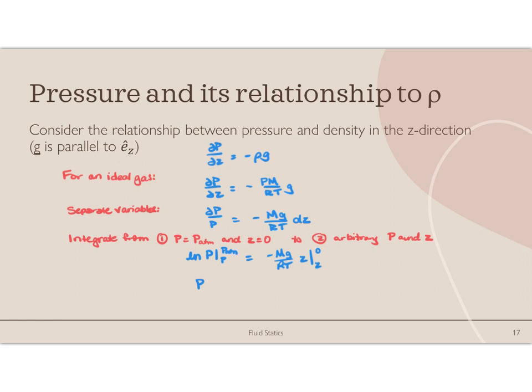We can play various algebra games with this, but log of P over P atmospheric is negative Mgz over RT. So P is atmospheric pressure times the exponential of negative Mgz over RT. So for an ideal gas, we can see how pressure would change with height.